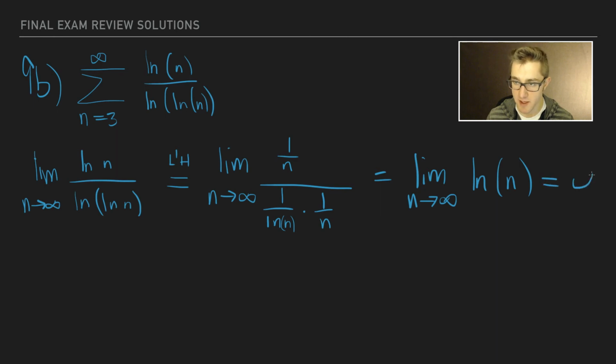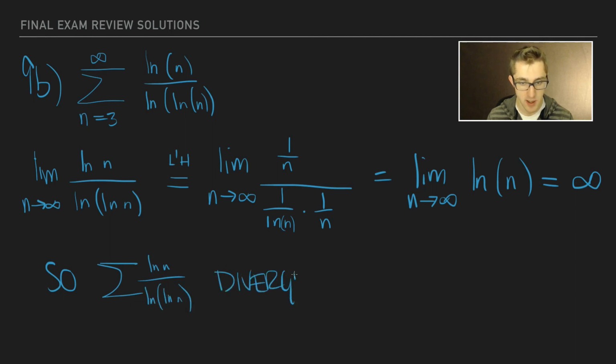And this limit is infinity. Okay, so the nth term of this does not go to 0, and so the series of natural log of n over ln n diverges. And the reason is by the, well, you call it the divergence test or the nth term test.